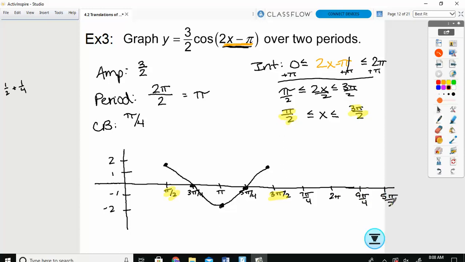And 10 pi over 4 or 5 pi over 2. And it just keeps following the same pattern. Questions on that?